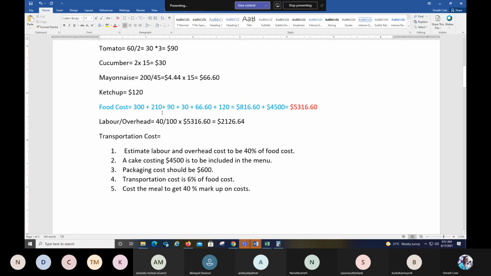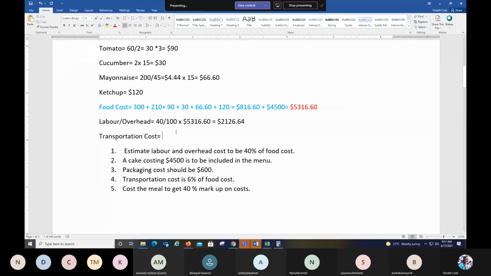There's nothing taken out. Remember, you have to look at what it says. It says food cost. Our food cost figure is the 5,000 something. That doesn't change yet. So anything we're finding now must be a percentage of the food cost. The food cost figure still remains.